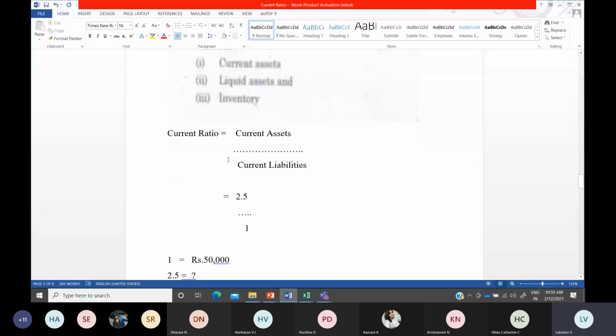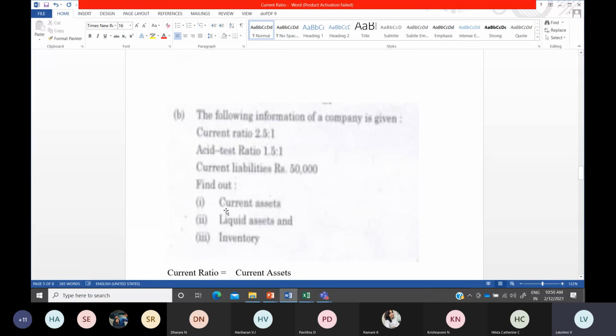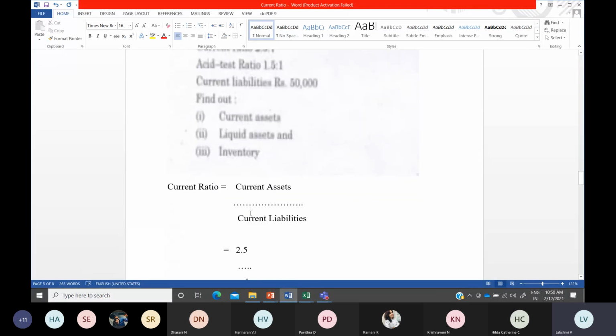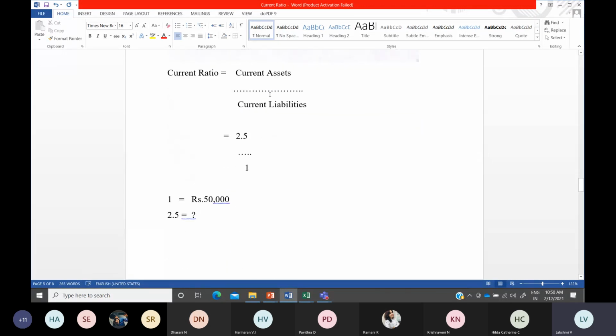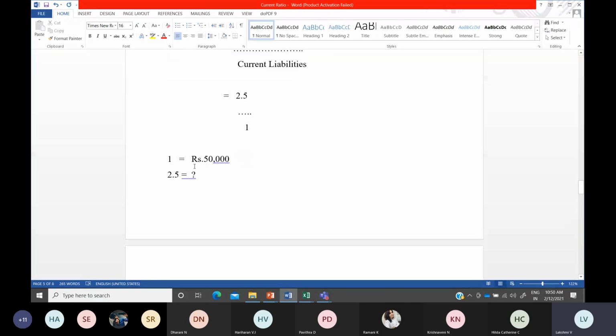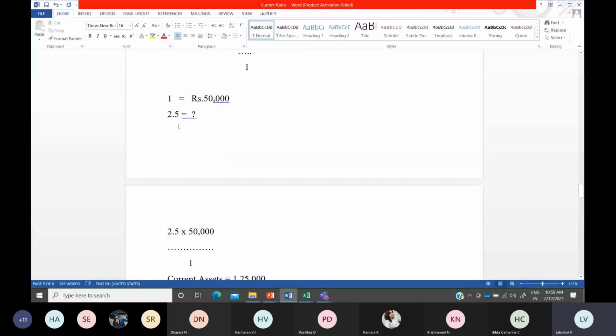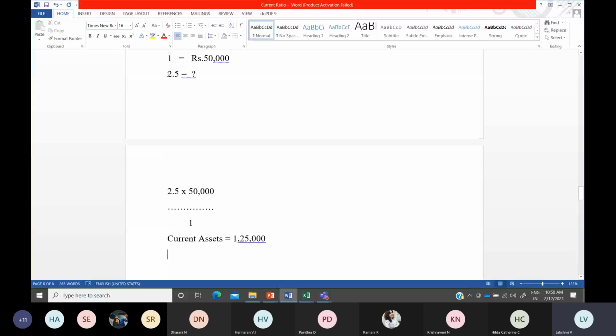If current liabilities is 1 and it is 50,000, then 2.5, that is your current assets, is an amount you don't know, so you want to find it. 2.5 into 50,000 divided by 1 gives you your current assets.